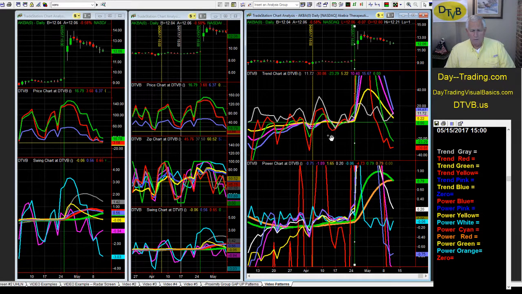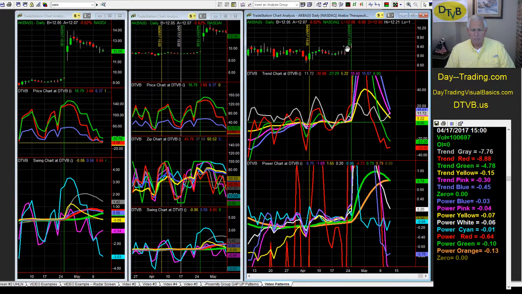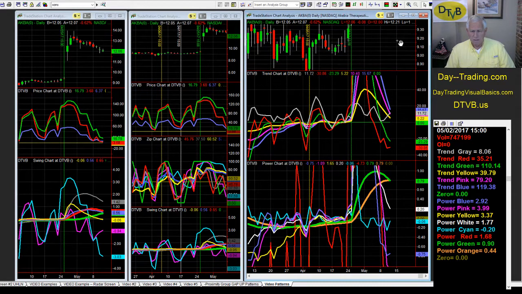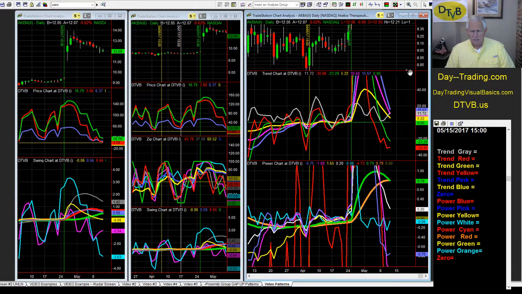So this pattern on the power yellow line, although it looks like it's going to be a continuation pattern, and if you look at the next day, I'll expand this a little bit so it gives us a feel of what we had. It goes up slightly, but the difference is minor price-wise.